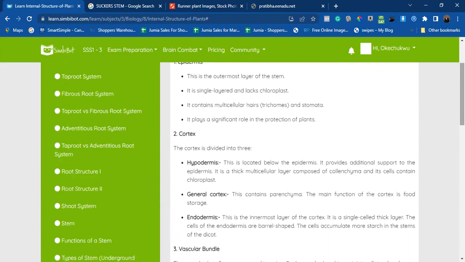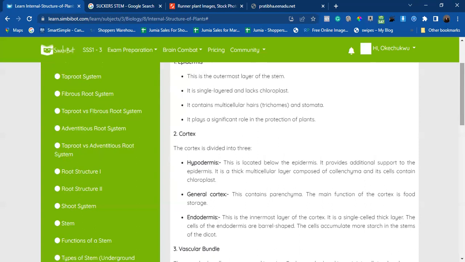Hypodermis, located below the epidermis, provides additional support, is multi-layered, and contains chloroplast. Listen, it is composed of the parenchyma, all those tissues, the connecting tissues we studied before. The hypodermis contains the parenchyma, the general cortex contains the parenchyma.